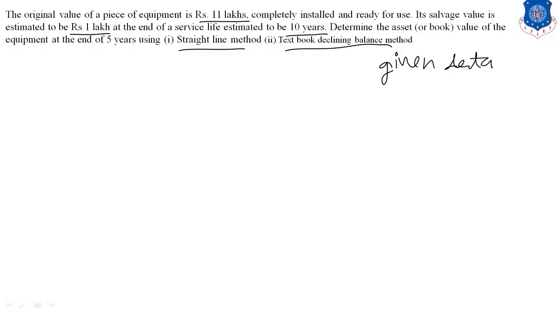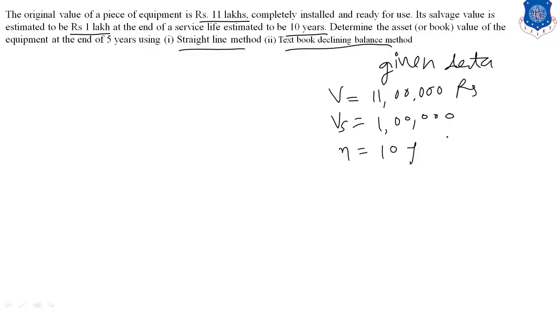It is given that the original price of equipment, represented by V, is 11 lakh rupees. The salvage value, represented by Vs, for this equipment is 1 lakh rupees, and the service life of the equipment, represented by small n, is 10 years.